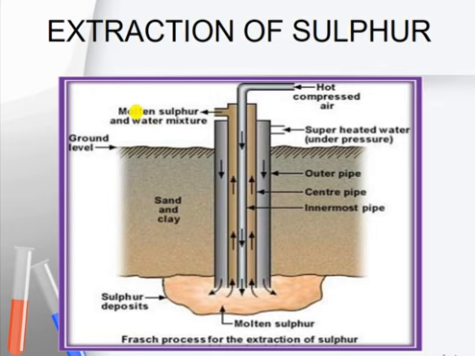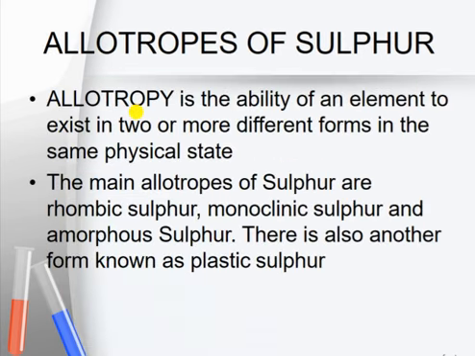Now, allotropes of sulfur. Allotropy is the ability of an element to exist in two or more different forms in the same physical state. So sulfur exhibits allotropy.